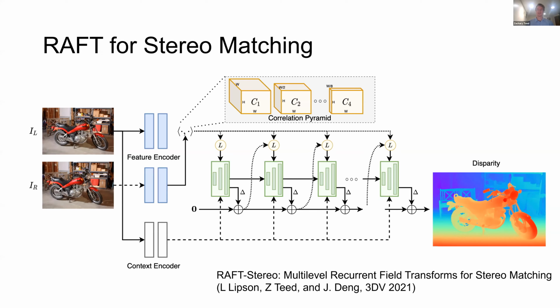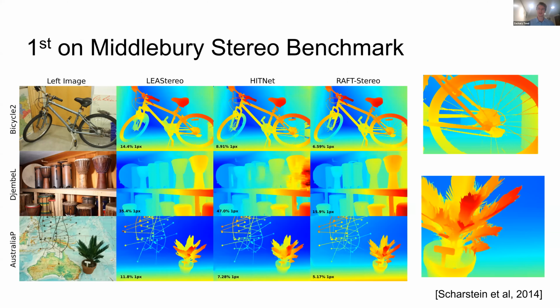So really the only change we needed to make to RAFT was to construct a 3D correlation volume instead of this 4D correlation volume. We additionally looked at using multi-level GRUs, and these helped us to better propagate spatial information across the image. But overall, simply replacing the 4D correlation volume with the 3D correlation volume made the biggest difference.